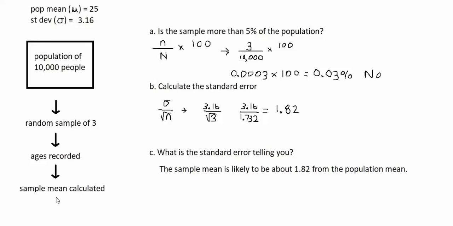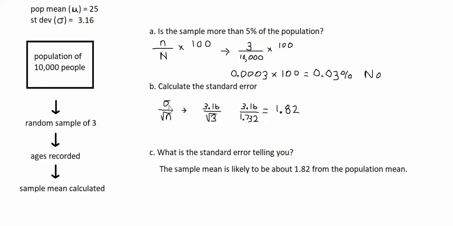So here we have a sample mean being calculated, and the sample is not more than 5% of the population, which tells us that we need to be using this formula right here. This is the same formula we had last time, except we're leaving off the correction that's only needed when the sample is more than 5% of the population. It's just the first piece of the formula we've already been using.